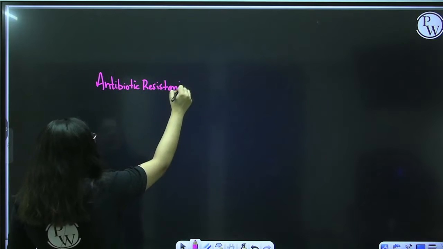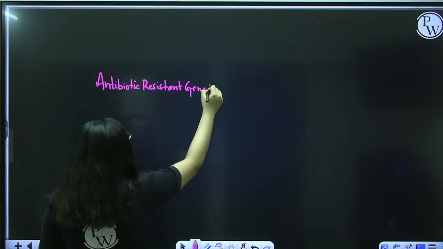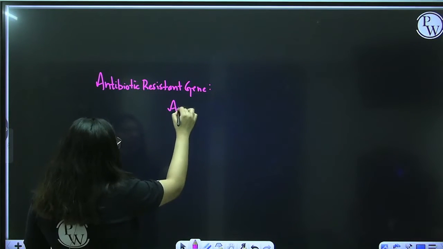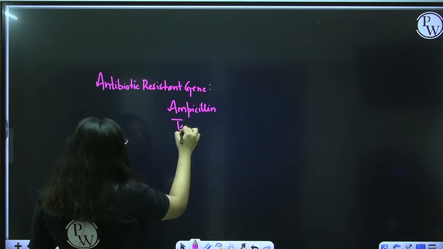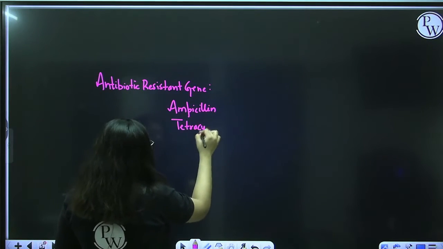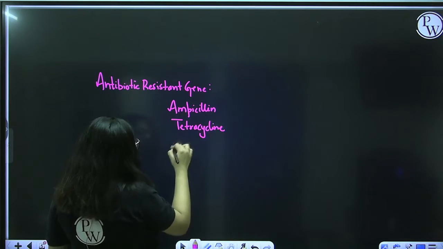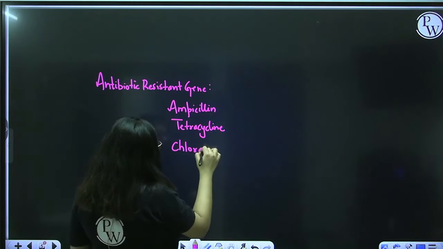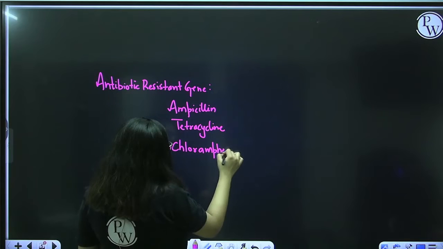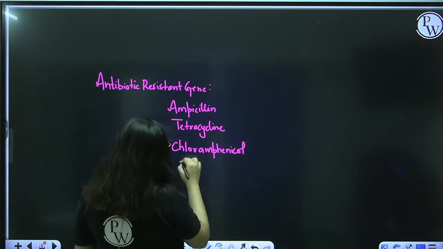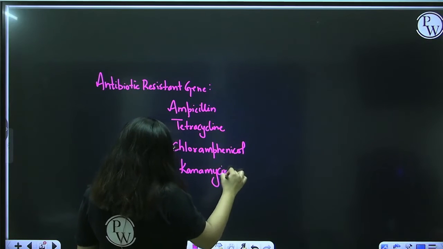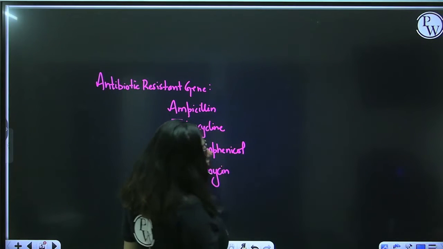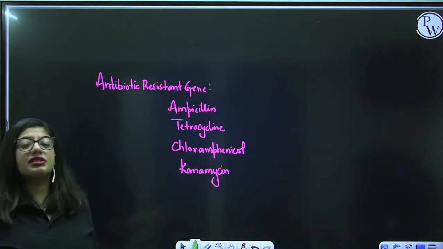Like we have antibiotic resistant genes for ampicillin, tetracycline, chloramphenicol, and kanamycin. Now, what are antibiotic resistant genes? We also discussed this in the previous class.